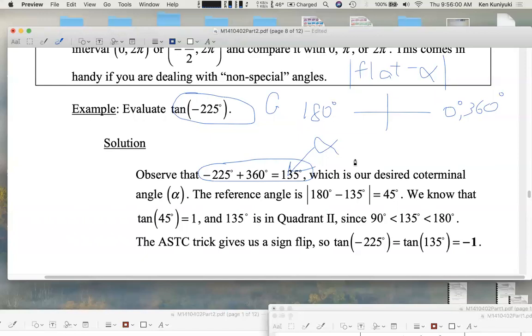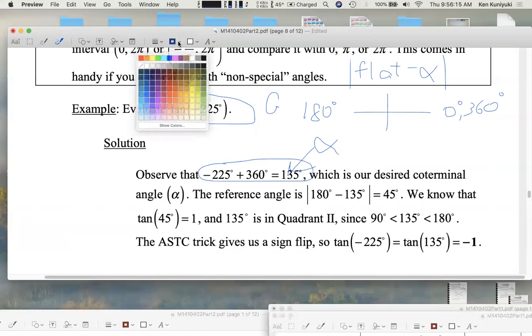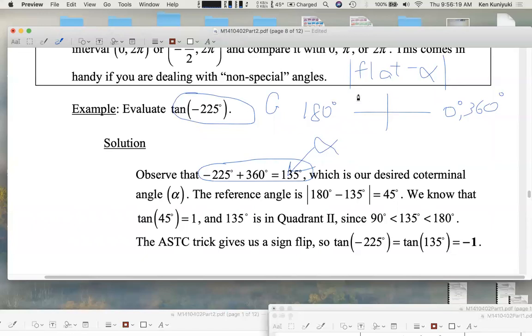And then, what's the reference angle for both these guys, the 135 degrees and the negative 225 degrees? Incidentally, you might care about the quadrant first. What quadrant is 135 degrees in? 135 degrees is going to be in quadrant 2.